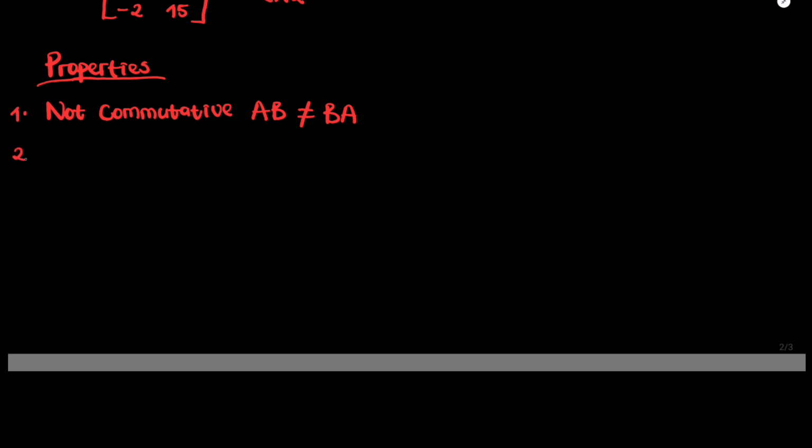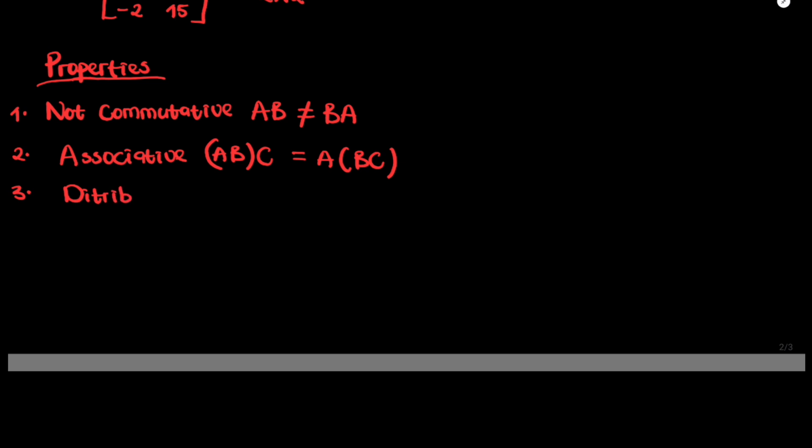The second property, matrix multiplication is associative. That is, if we have the product AB times another matrix C, it is going to be the same as A times the product BC. So that will be the same. The third, matrix multiplication is distributive.